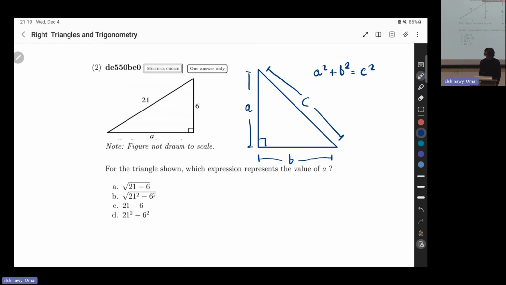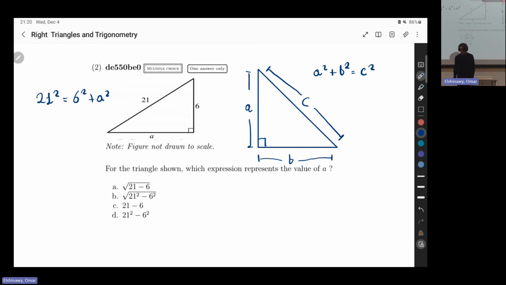So let's apply the Pythagorean theorem. 21 squared equals 6 squared plus A squared. Then we solve for A.